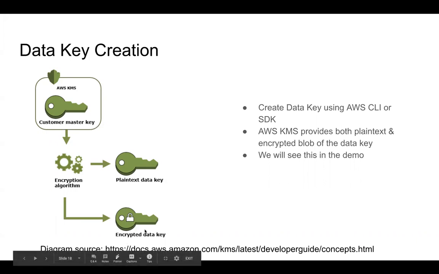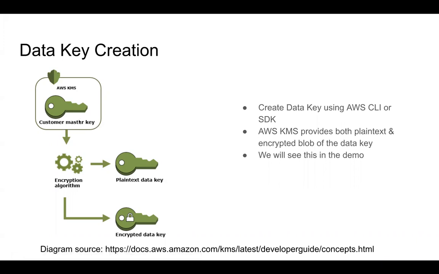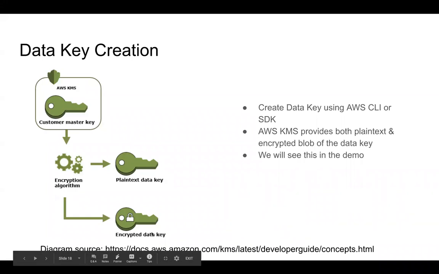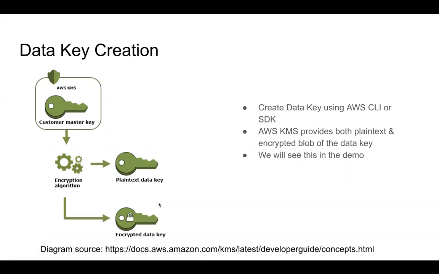So when you ask KMS to provide you the data key, the CMK provides you with the data key as well as an encrypted version of the data key. This is a very important thing. We'll tie all these things in with the upcoming slide as to how it is used when we encrypt and decrypt the data.